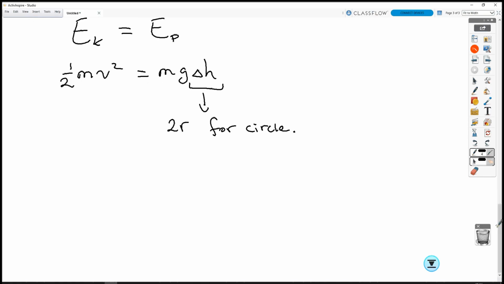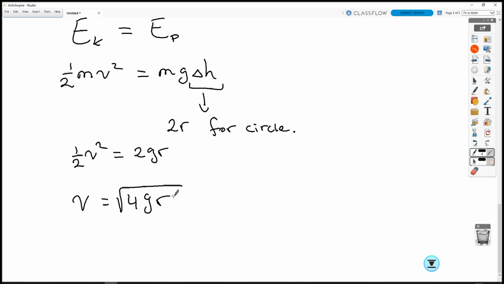So the m's cancel out. So we've got a half v squared equals 2gr. We rearrange this, and we get v equals the square root of 4gr. So that's the velocity you need to reach the top.